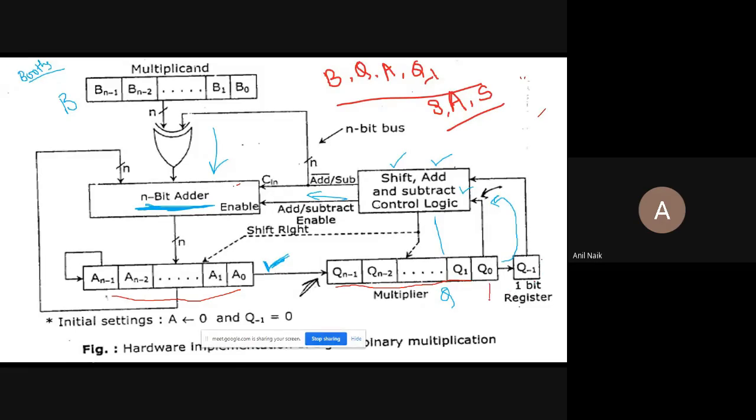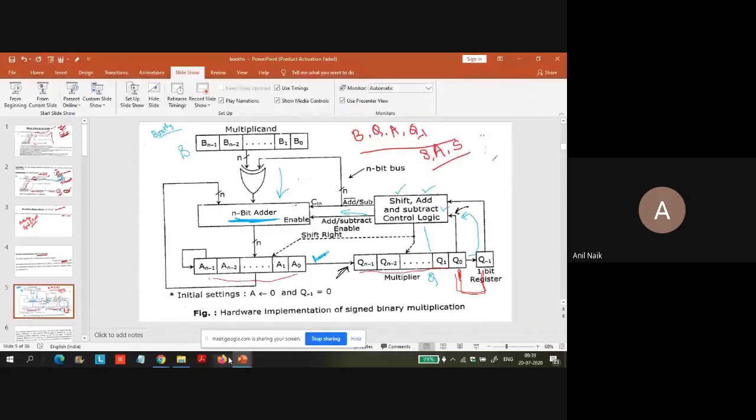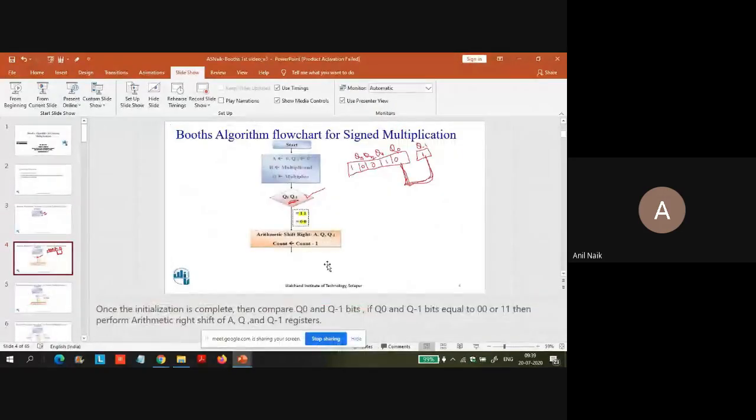So we are comparing these two bits. Okay, we are following the hardware implementation, comparing the Q naught value and the Q minus 1 value. So this is the hardware diagram, and this is the flowchart.